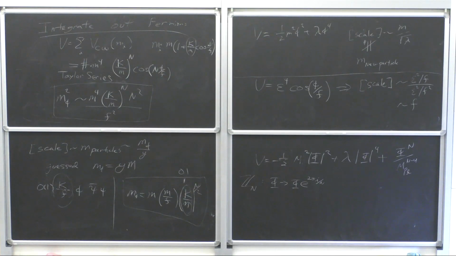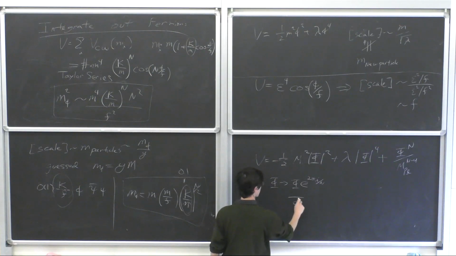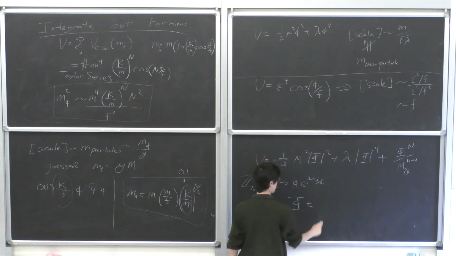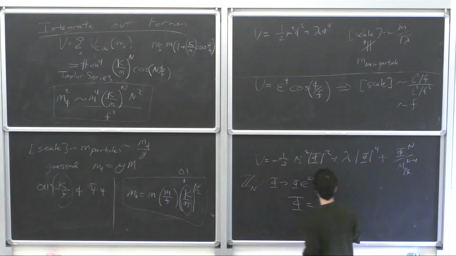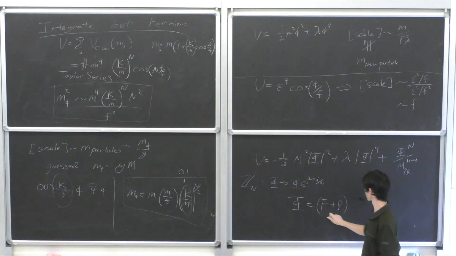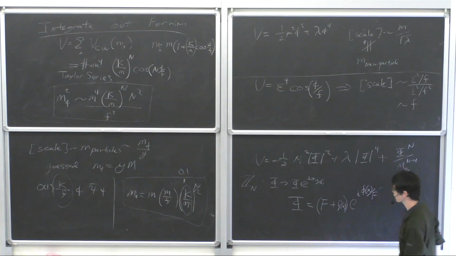So what do we do? This gets a VEV, standard Goldstone boson. I'm going to call it VEV capital F plus the radial mode of x e to the i phi of x over capital F here. So here's my Goldstone boson.